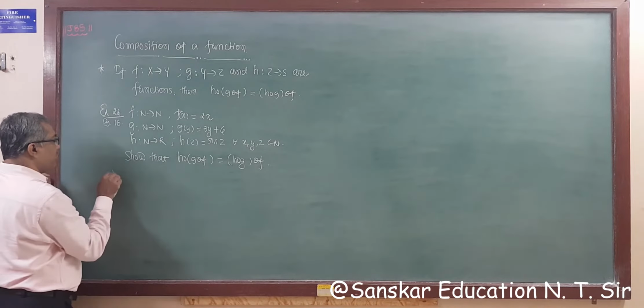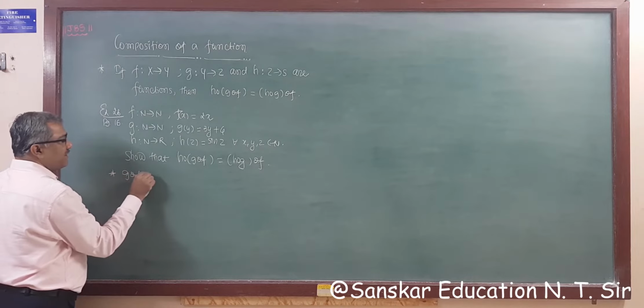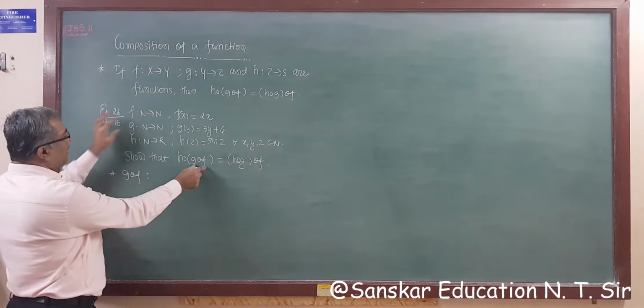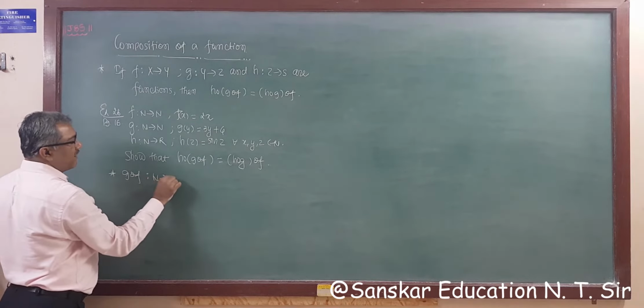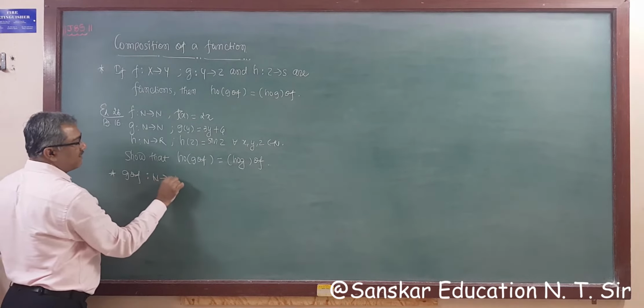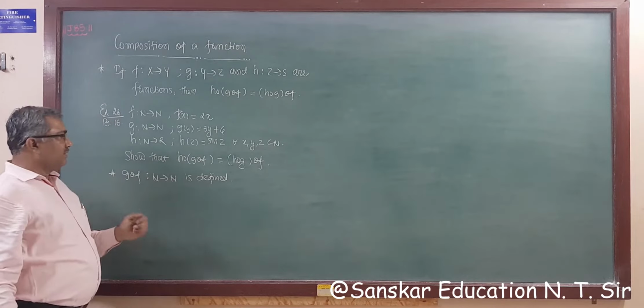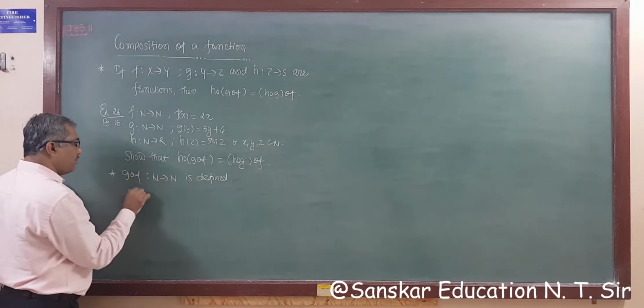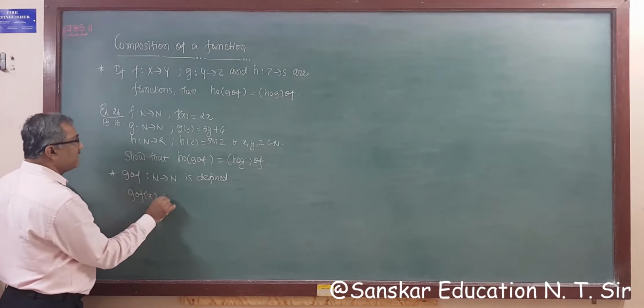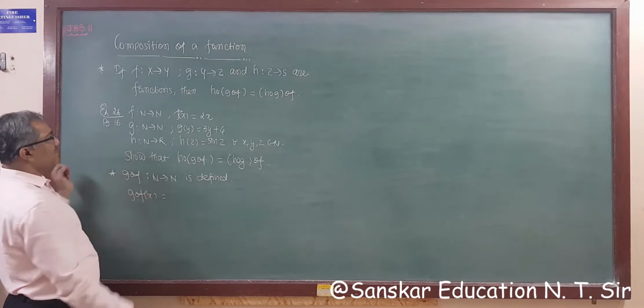So first of all, g over f. Both are from N to N, so g over f is defined from N to N. We have to find g over f of x. By definition, this is g of f of x, equal to g of.